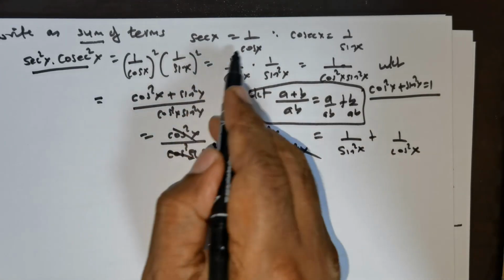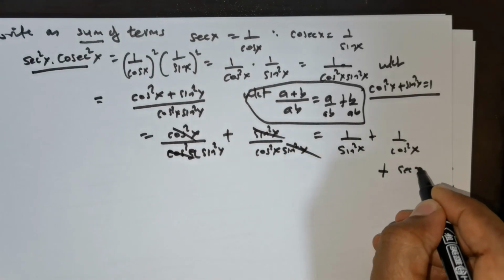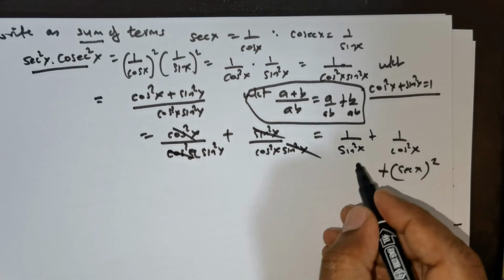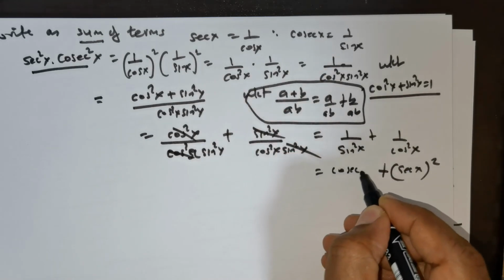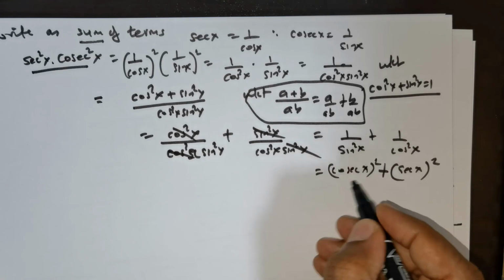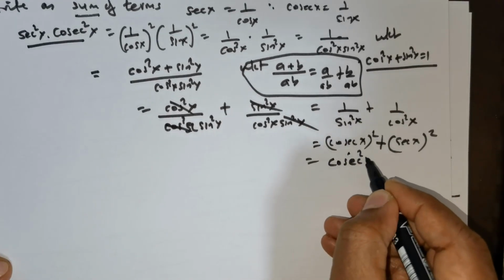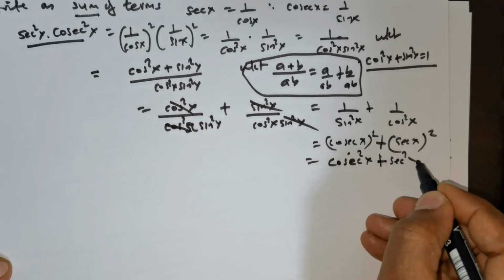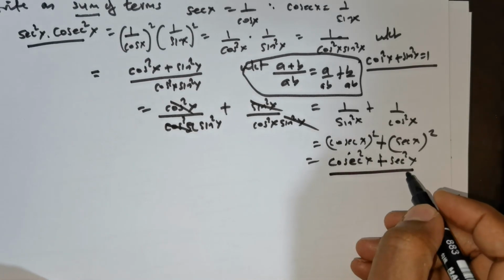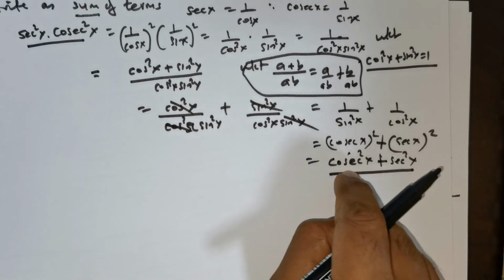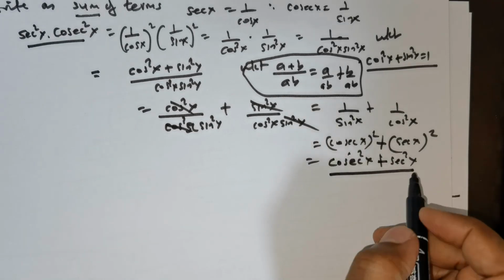We know that 1 over cos x is secant x and 1 over sin x is cosecant x, and you apply the exponent, you get cosecant squared x positive secant squared x, and this is a sum of two quantities, right?